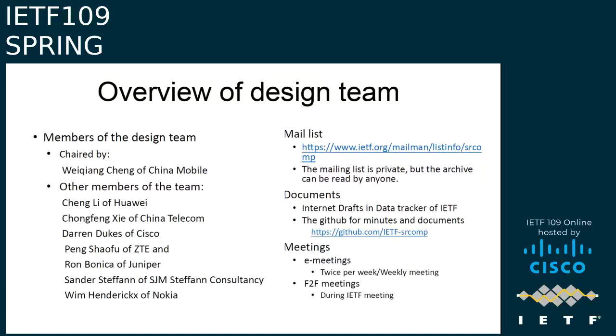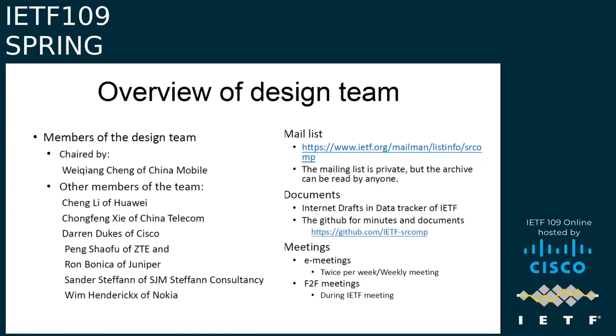About the mailing list of the design team, now it's private, but anyone can access the archive. It's public. And about the documents, the internet draft, we put them on the data tracker.